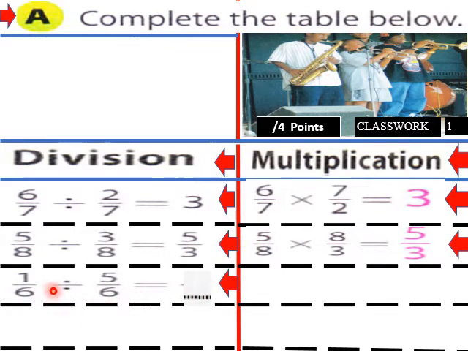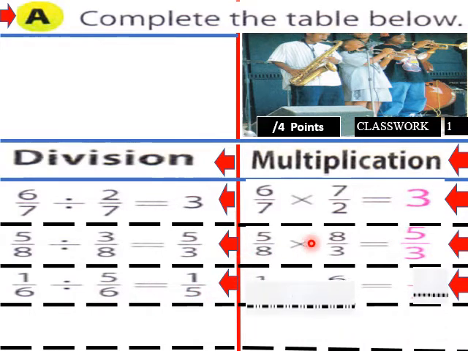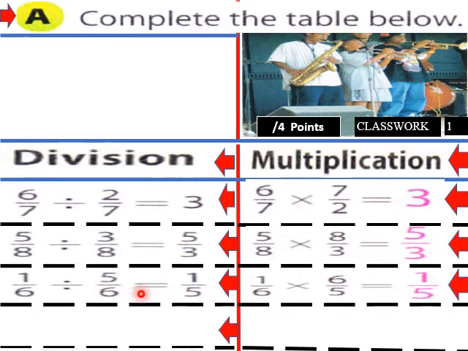And then 1/6 divided by 5/6. Reciprocate and multiply, and we get 1/5. Now we do it over here, 1/6 times 6/5, and we get 1/5. So dividing is almost like multiplying by the reciprocal of the divisor.